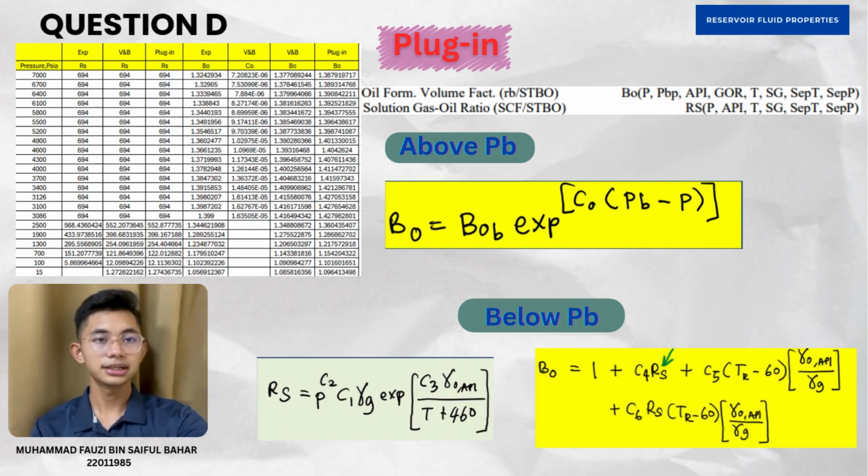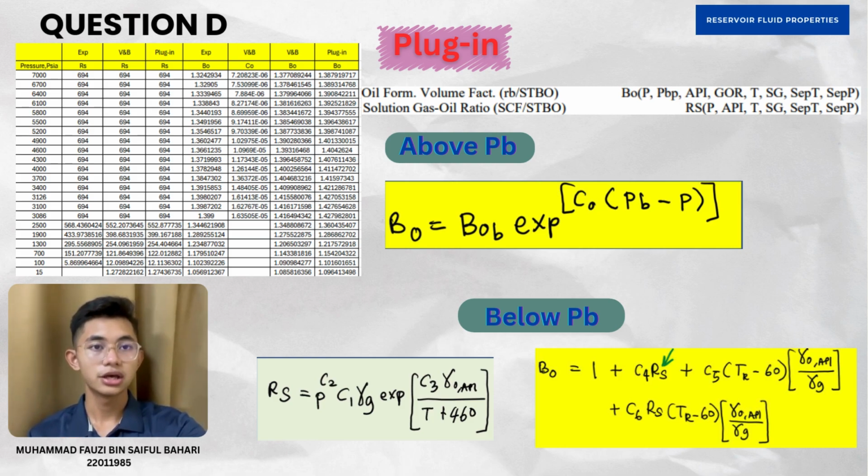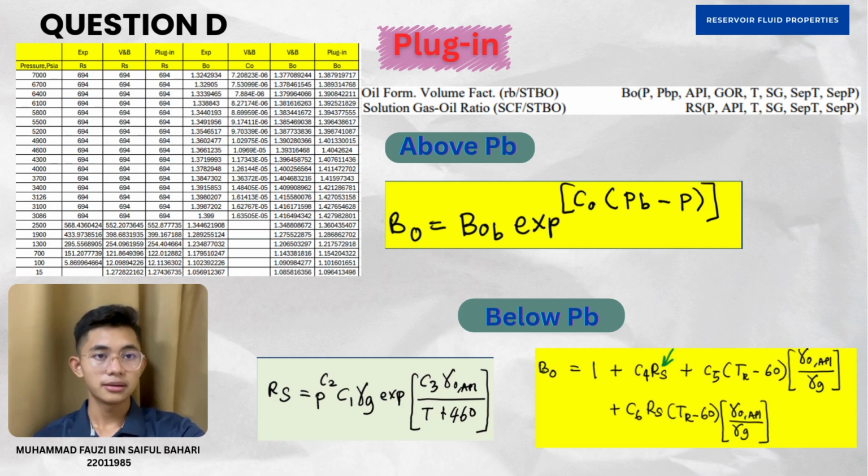Okay, the table shows all the data we need to collect for question D, which is the data for oil formation volume factor and the solution gas oil ratio. We use three methods, which are the PVT experiment, plug-in and the viscous index. For the PVT experiment, I have explained before.